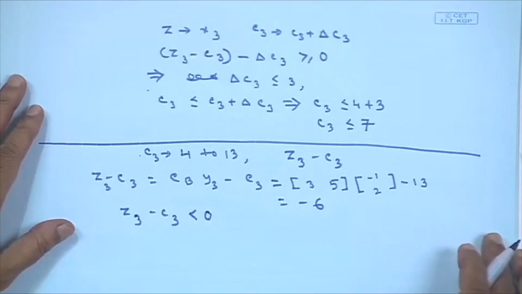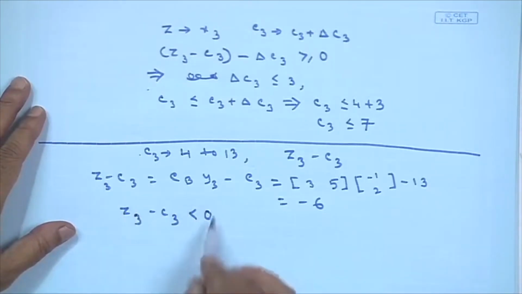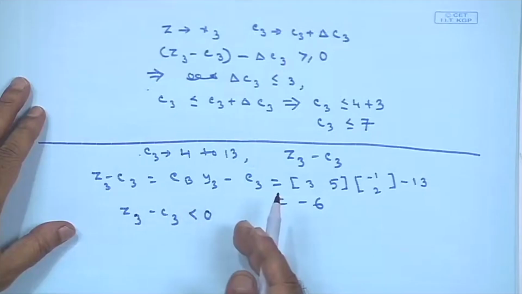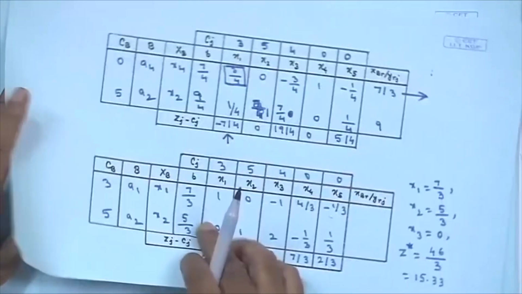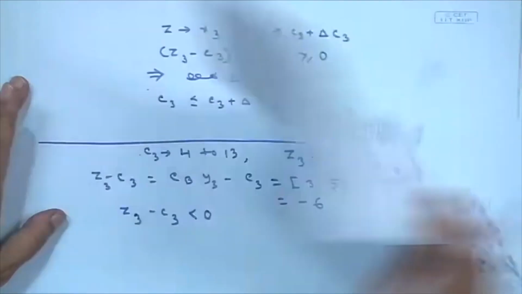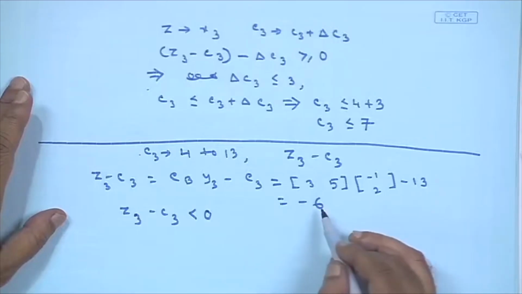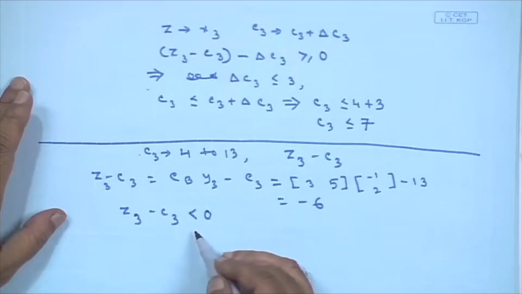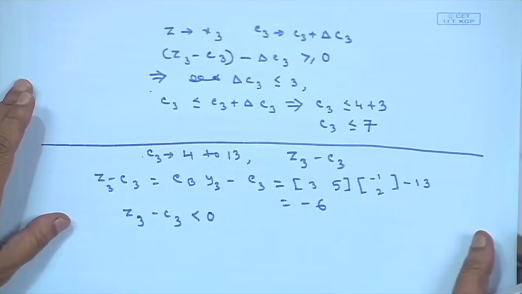So, the current optimal solution will not remain optimum. From here it is clear that with this value we have calculated, this 3 5 and minus 1 2, and after that minus the new value of Cj, that is 13, it is becoming negative, and since it is becoming negative, the current optimum value will not remain optimum in that case.